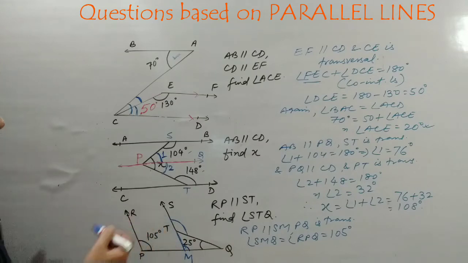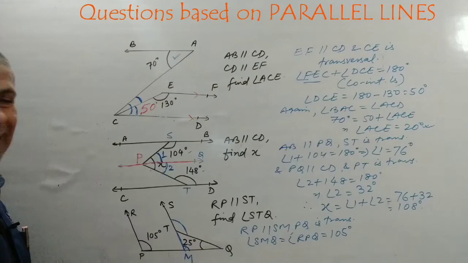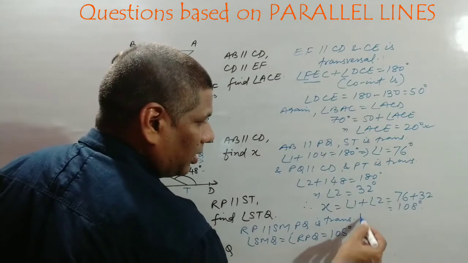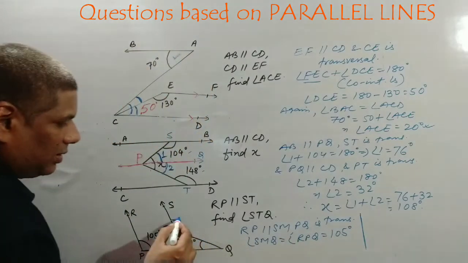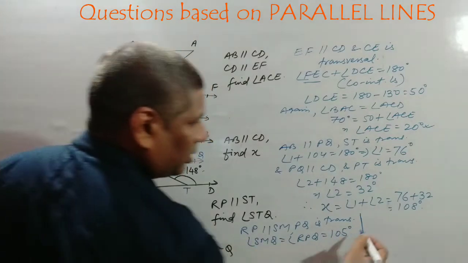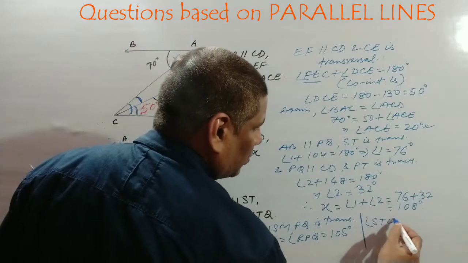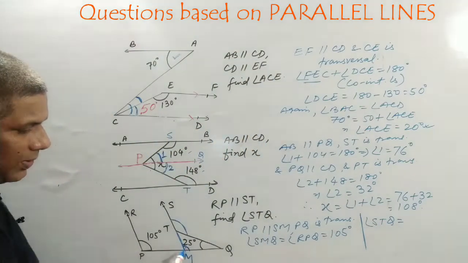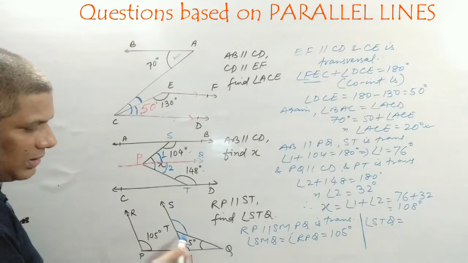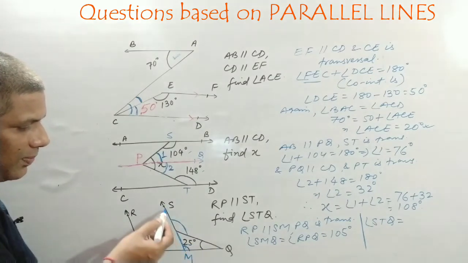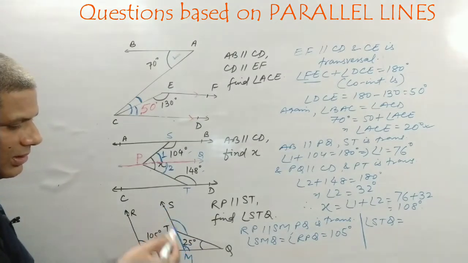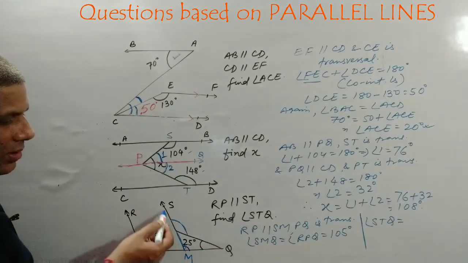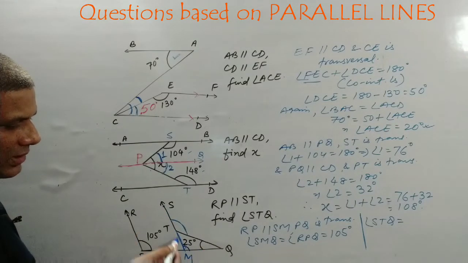Now by the exterior angle property, we can find this angle STQ. Angle STQ is equal to the sum of the two interior angles, because TMQ is a triangle and MTS is a produced part of one side of the triangle. So this will be the exterior angle.